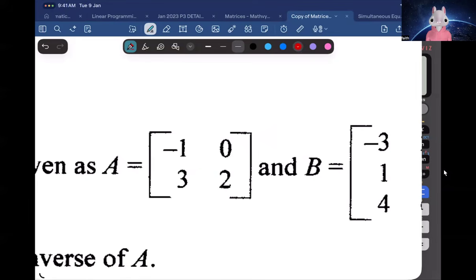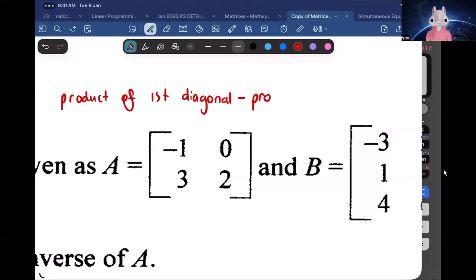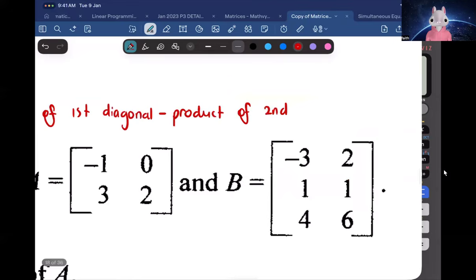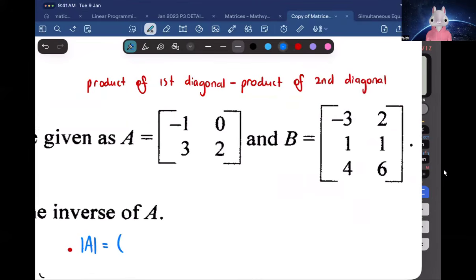Here's how I want you to remember. This is the easiest way to remember: product of the first diagonal minus product of the second diagonal. All right. So what's the first diagonal? Look at this. It's just -1 by 2. Minus.